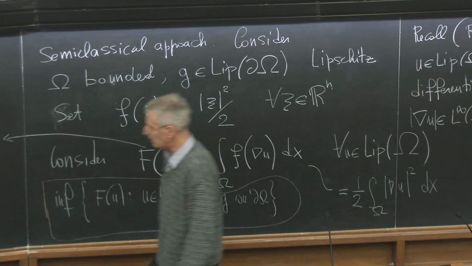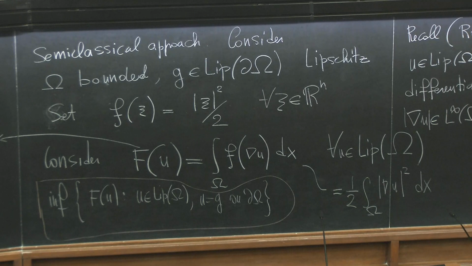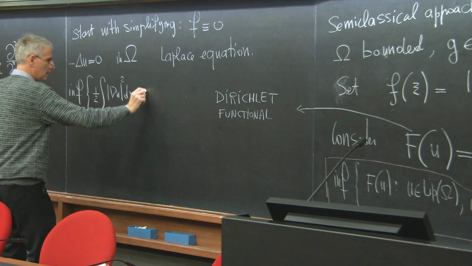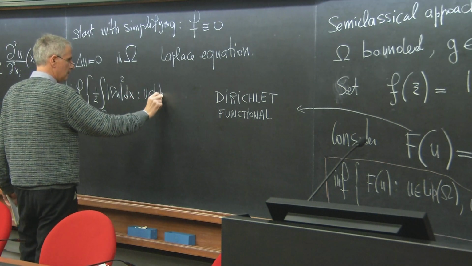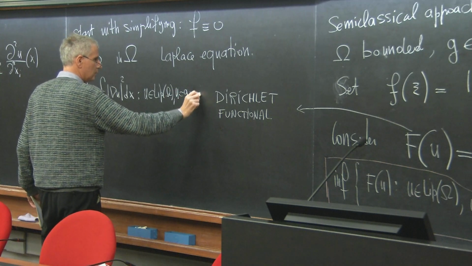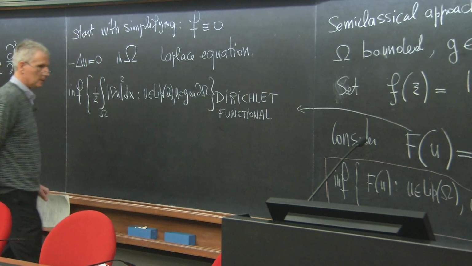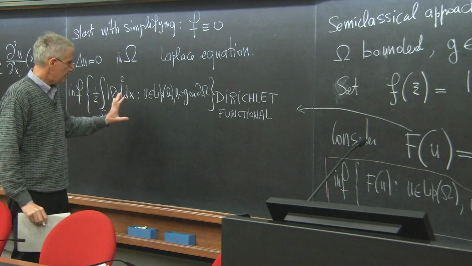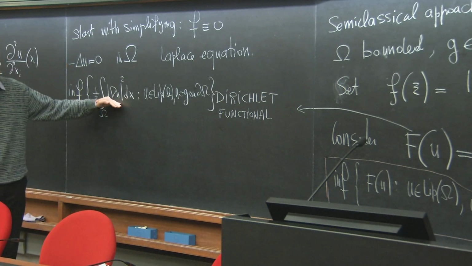Let me rewrite it maybe more explicitly: 1/2 integral of grad u squared dx, u is in Lipschitz, u equal g on the boundary. Okay.